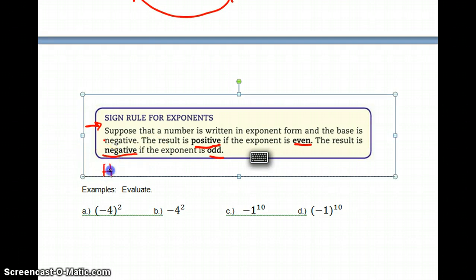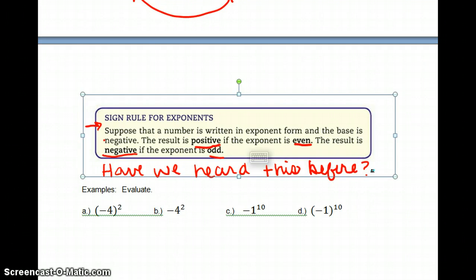Have we heard this before? Think back to the lesson on multiplying and dividing of real numbers. There was a trick that I taught you that dealt with positive and negative signs. We learned that whenever you had repeated multiplication and the number of negatives was even, the result would be positive.